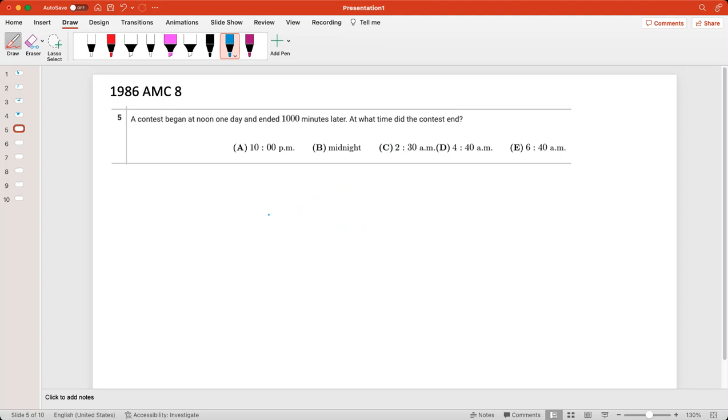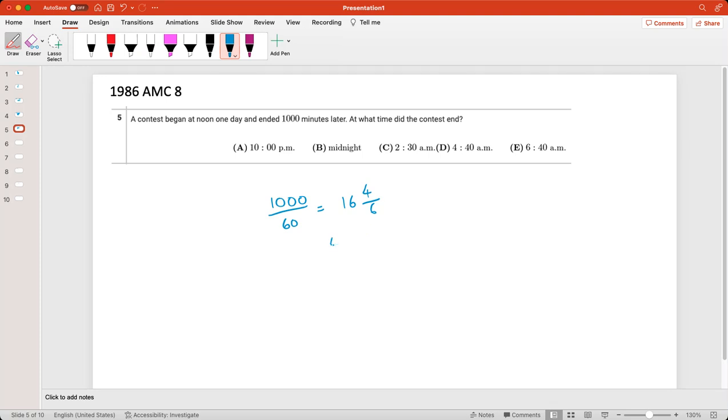A contest began at noon one day and ended 1,000 minutes later. At what time did the contest end? So we have to find how many hours in this 1,000 minutes. So I'm going to divide 1,000 by 60. So here I'm going to get 16, 4 by 6.